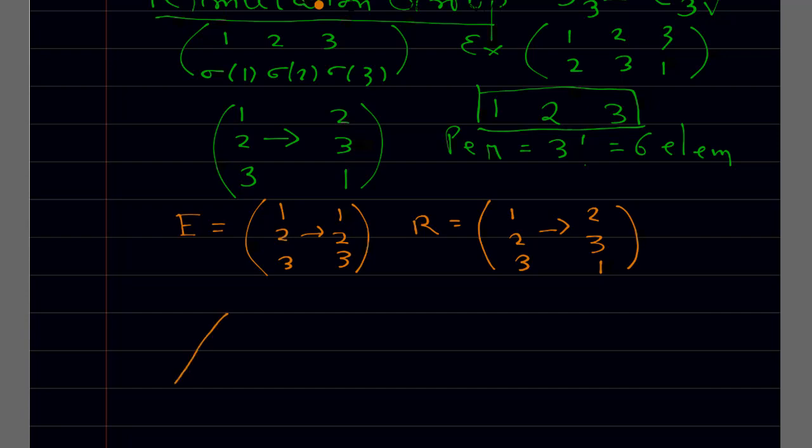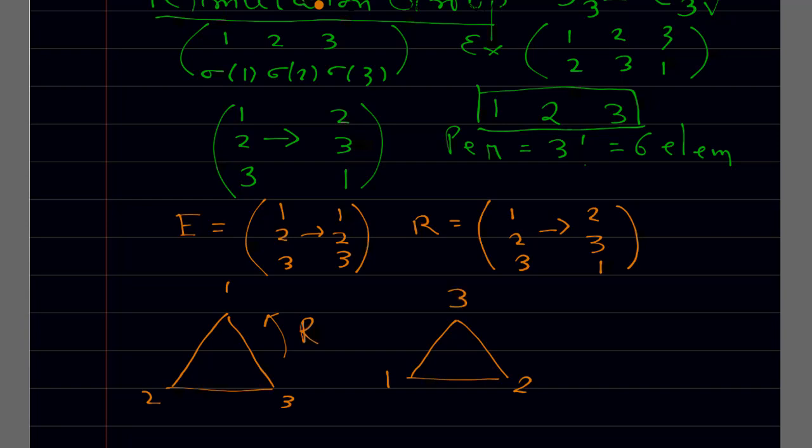Now let me relate this R to the R we defined in the equilateral triangle case. Consider this is our triangle with vertices 1, 2, and 3, and if we apply the R operator on this triangle, what did we get? The 1 came here, 2 came here, and 3 came here.